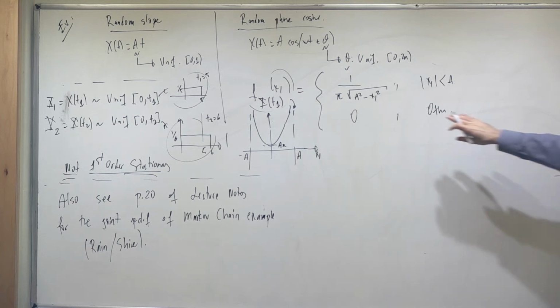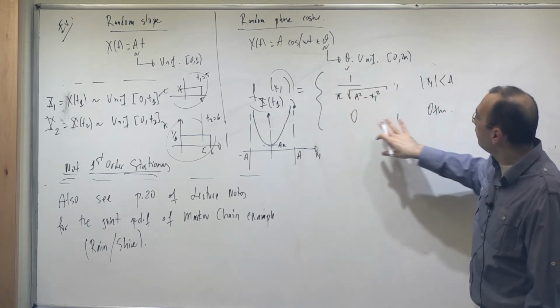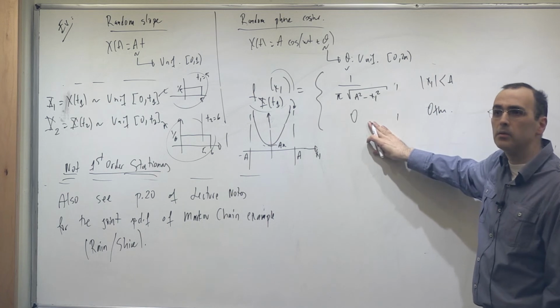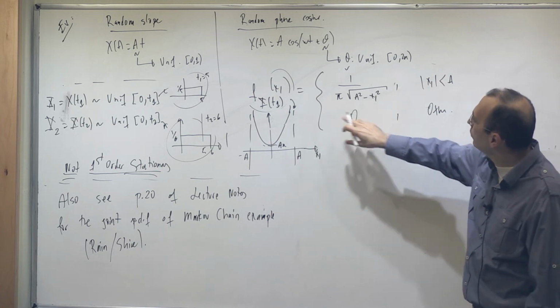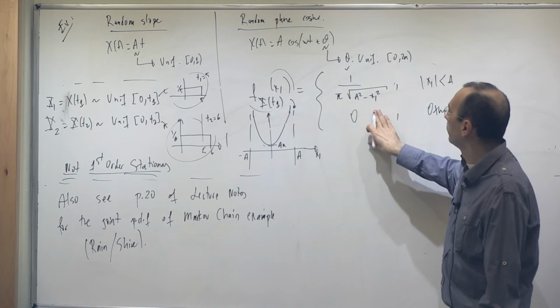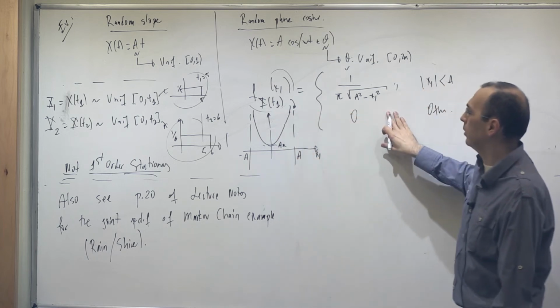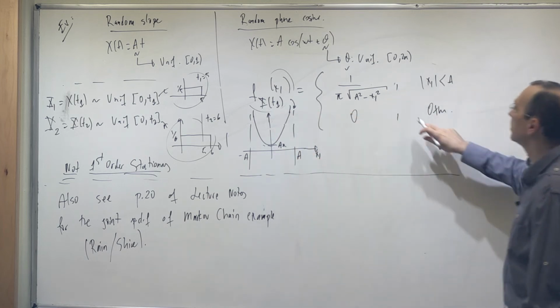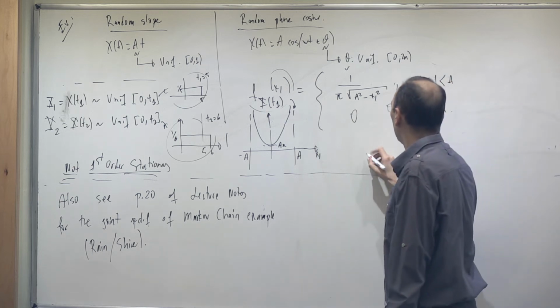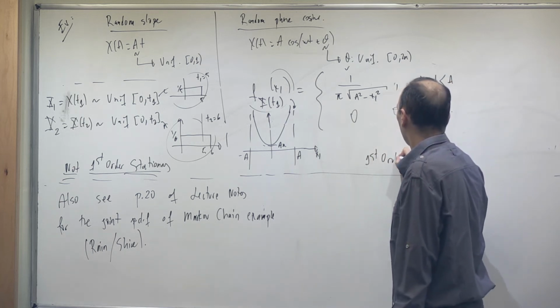Okay, do you see a t variable in the definition of this density? There is no t. If I evaluate it at t1, I get this. If I evaluate it at t2, I get this one. You see that it's the same density. So this is first order stationary.